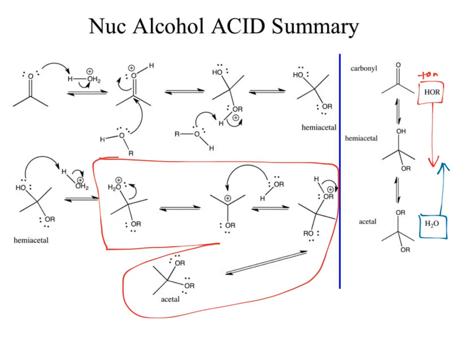So when you're looking at a question and trying to decide how it should progress, should I be making the acetal or should I be making the carbonyl, you have to be able to say there's a carbonyl and alcohol, they probably want the acetal, so I'm going to try that. Or look at a structure and see the acetal and they're adding water, they probably want you to go to the carbonyl.